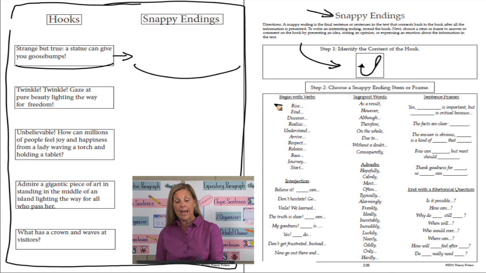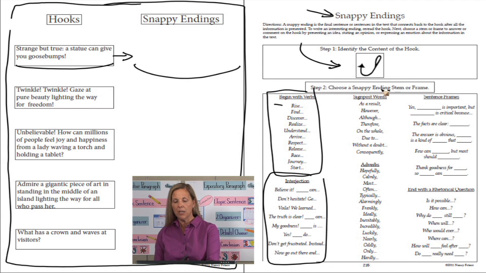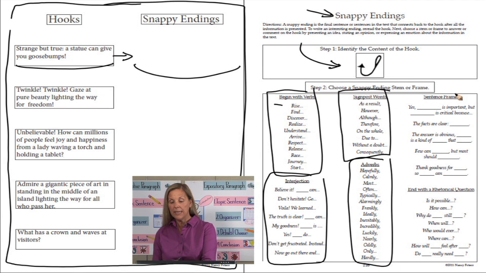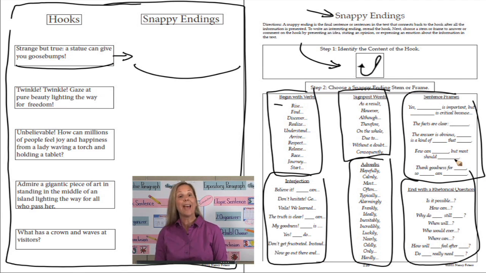Next, look at the different types of snappy endings, words, phrases, or frames that you could use to form a snappy ending. An ending that connects back up to the hook and also is interesting to the reader. On our snappy ending page, we have verbs, interjections, we have signpost words, we have adverbs, sentence frames, we also have questions.